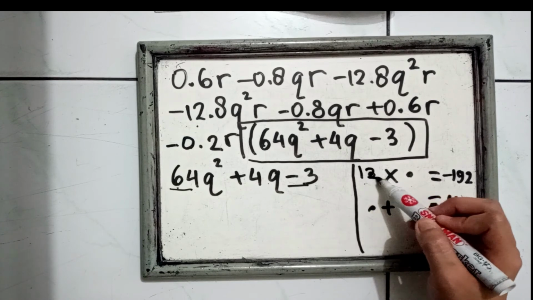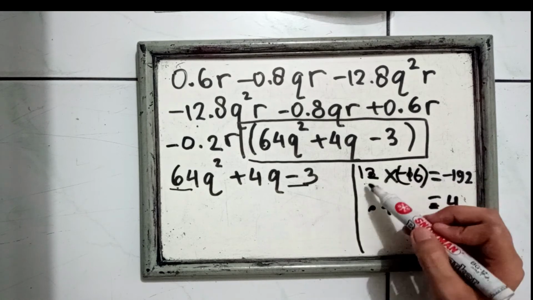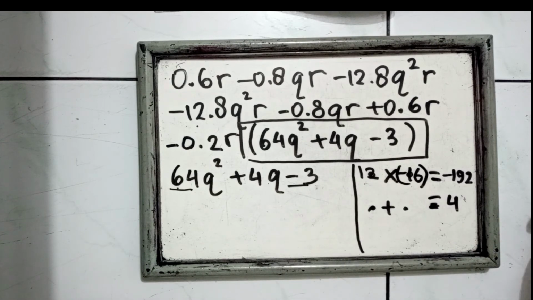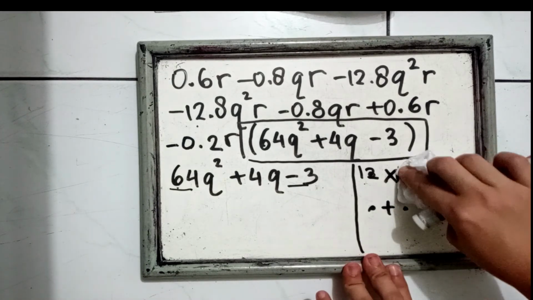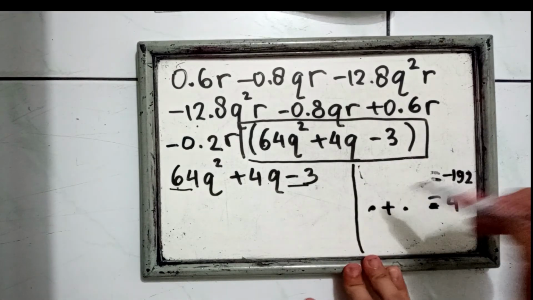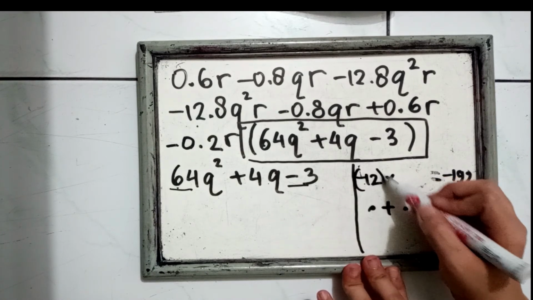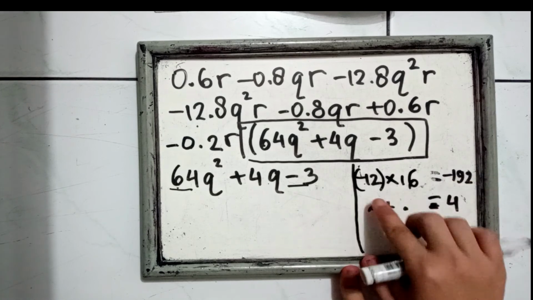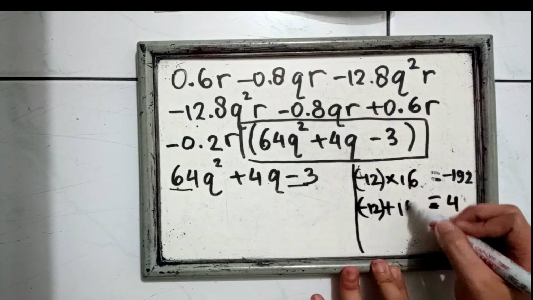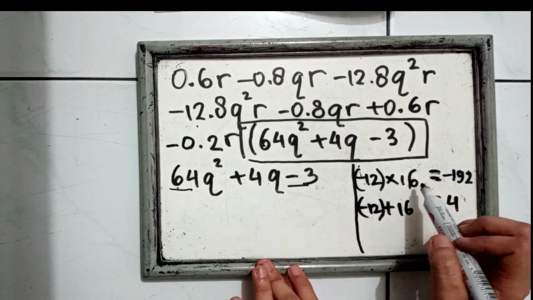If 12 times negative 16, 12 plus negative 16, is it 4? It's not, right? So let's change the negative symbol position. Let's make it negative 12 times 16. Then negative 12 plus 16, it's 4, right? Okay, so we choose negative 12 and 16.